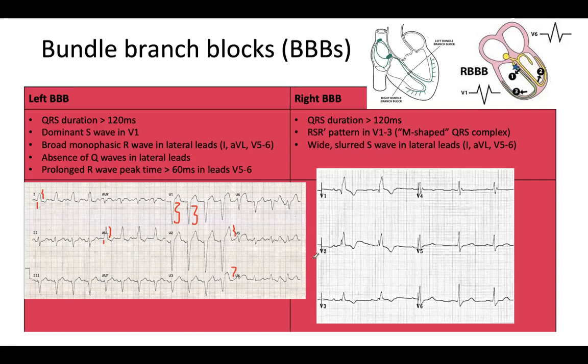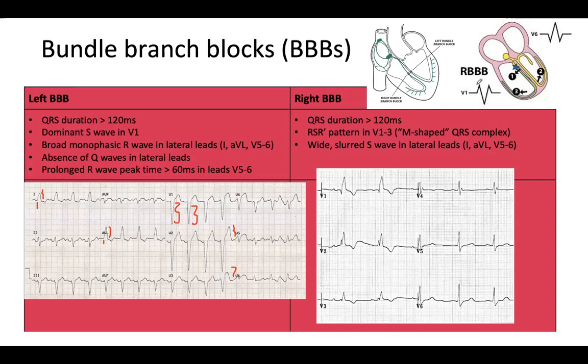5 and 6. Then in terms of a right bundle branch block, your QRS duration again is prolonged, so it's more than 120 milliseconds. There's an RSR pattern. I'll show you here.